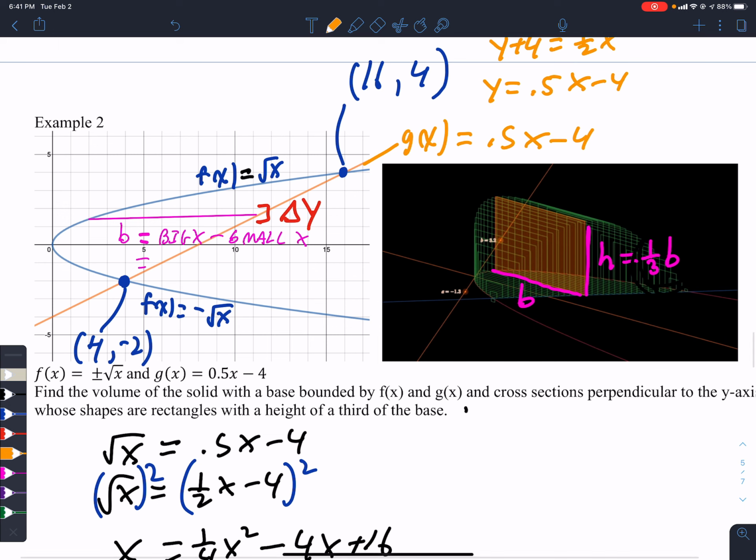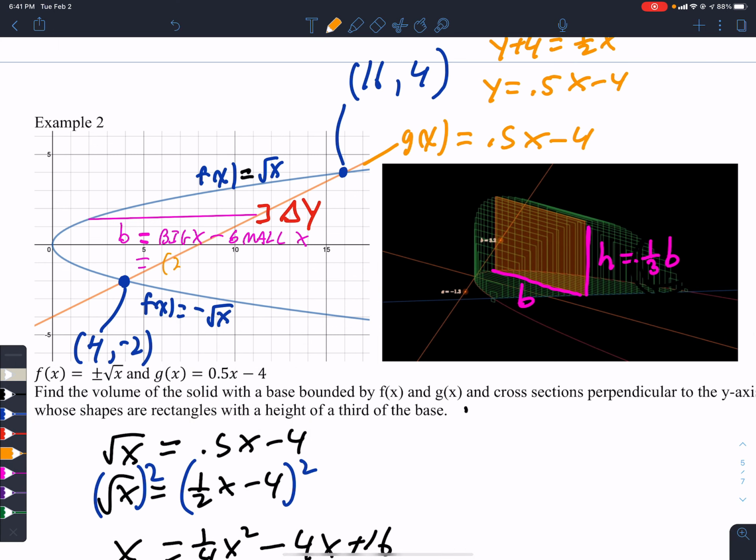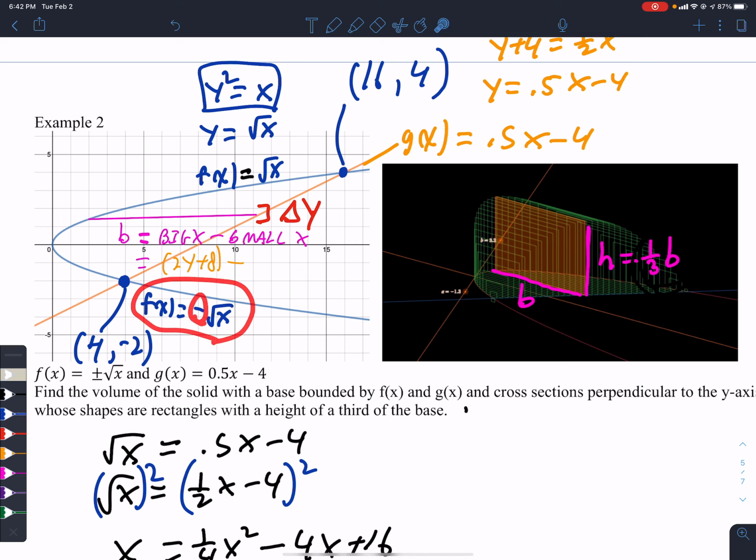So I'm going to put that down here. 2y plus 8 minus, and now I need small x, but small x is this blue line. Watch this. Y equals square root x. I square both sides, x is y squared. And you might say, well, the bottom's different. But if I square both sides, the minus disappears.